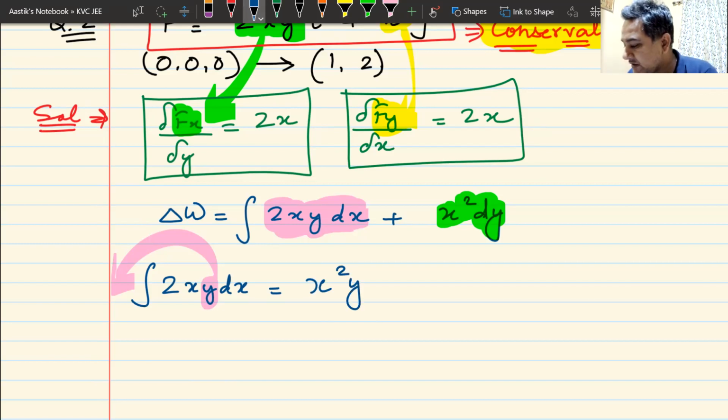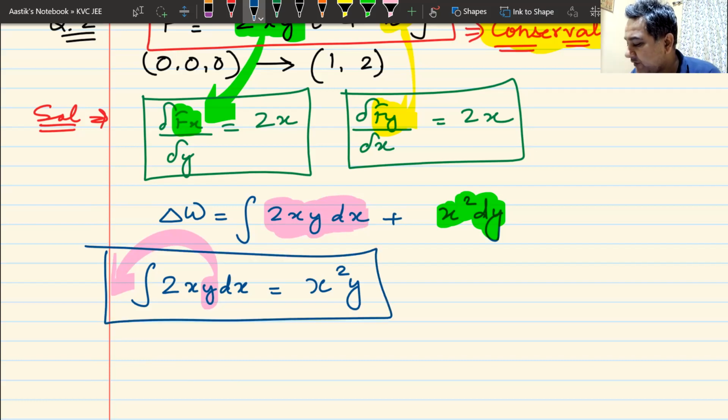Do we understand this? I have assumed y is a constant, y comes out. 2 is a constant, 2 comes out. The integral is only x dx. Forget about the constant terms. The integral of x dx is x squared by 2. The 2 and the other 2 cancel out. My integral of this entire thing is x square y.